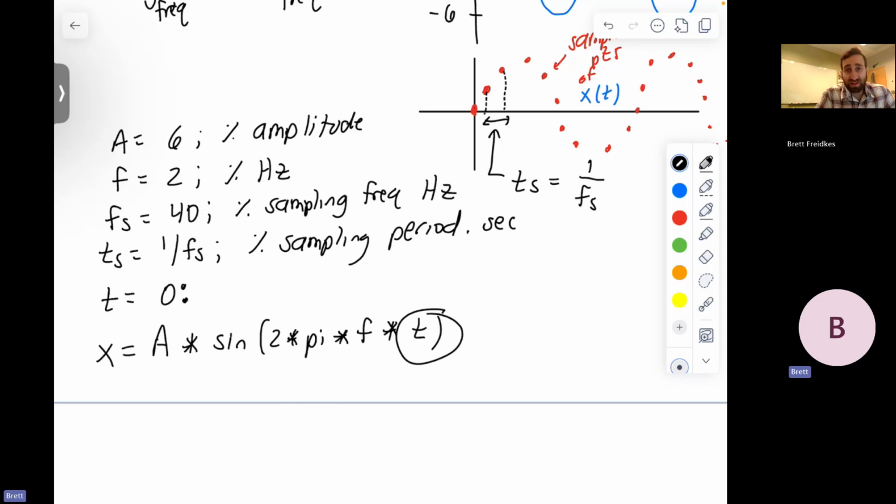And then I'm going to move in increments of Ts, the sampling period. And I'm going to go all the way up to the total time, which I didn't define. Let's say that our total time, maybe I can call it T total. That's 2 seconds.